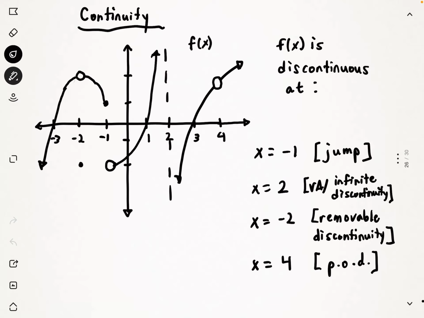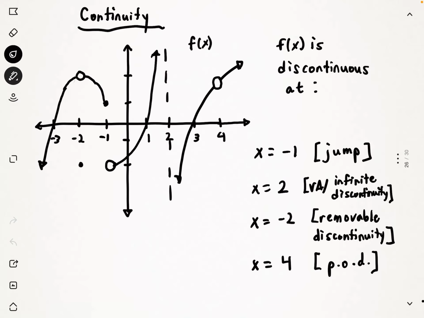I've given names to each of these types of discontinuity. I don't think these names ever come up in any questions, but just so you know, there are different ways of being discontinuous. Starting on the very left, as I travel through this graph, I run into my first discontinuity at x equals -2. You can see there is a POD right there at -2.